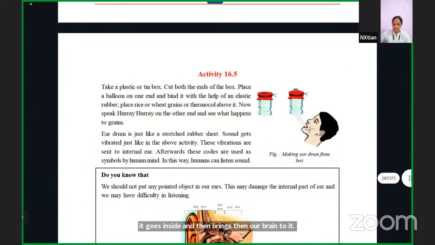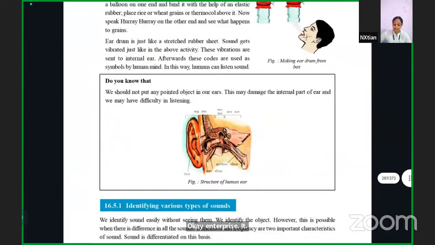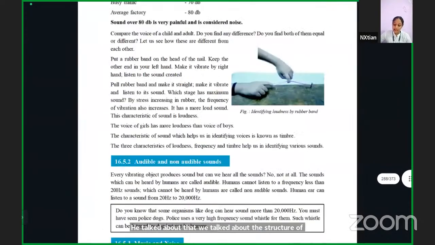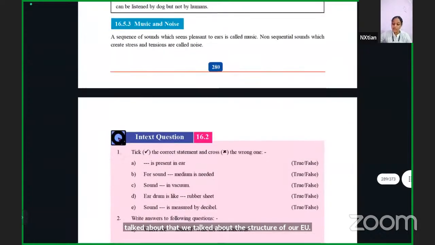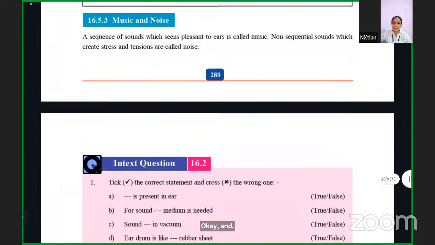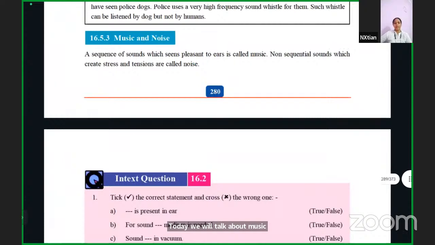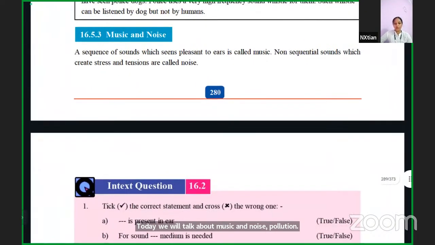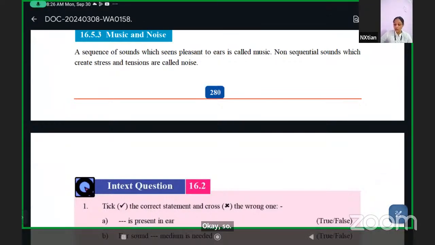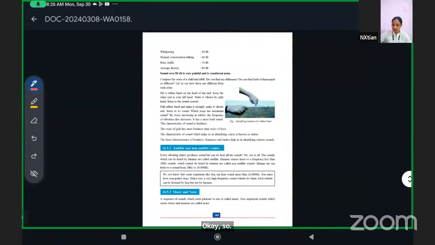We talked about the structure of our ear, and today we will talk about music, noise, and noise pollution.